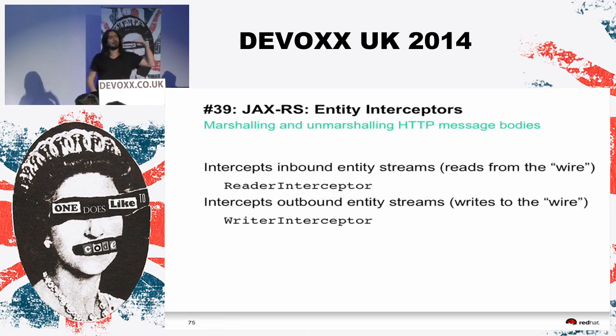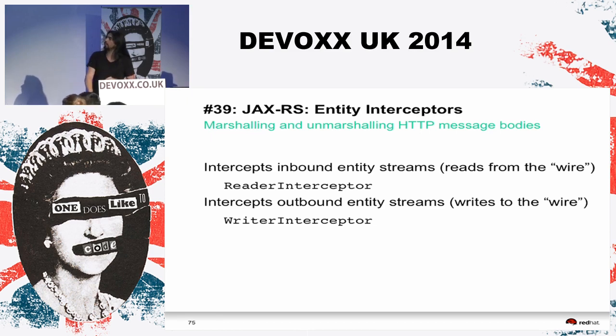So that's for the request or response. But you can also intercept the body of the request. Here, again, I can either intercept the body when I read it or when I write it.